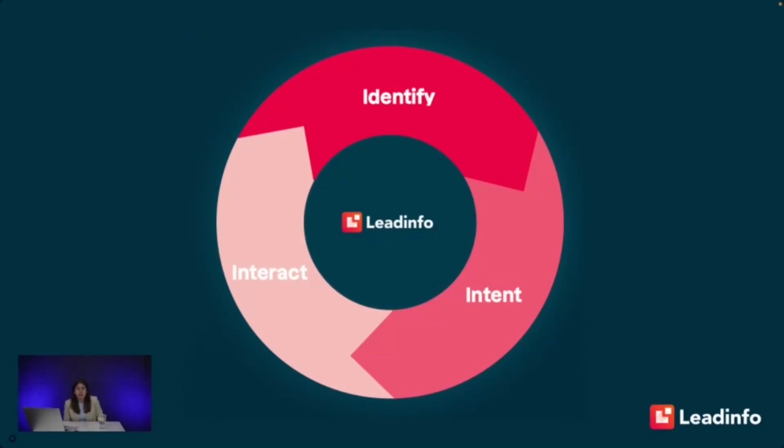Eventually, it's up to you to make sure that you can qualify them and discover the intent of the different type of visitors. Because of course, there will be some visitors ready to buy and there will be some who are fully at the beginning of this journey. Using different features that we offer, such as segments or creating filters using triggers, will help you to find the correct leads at the right time to make sure that you can interact with them.